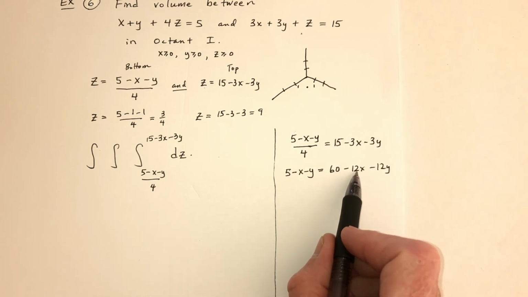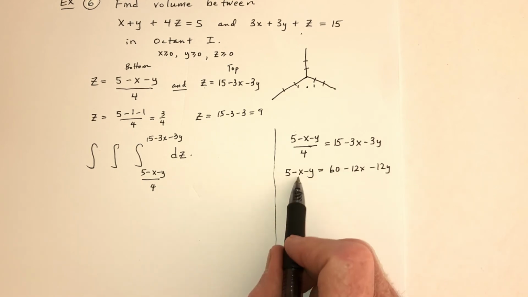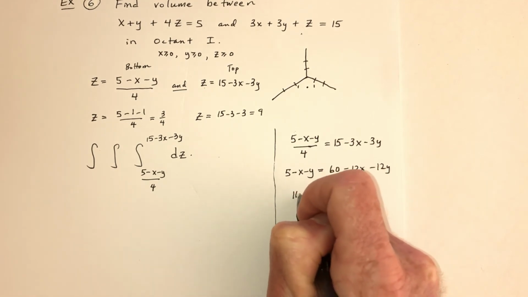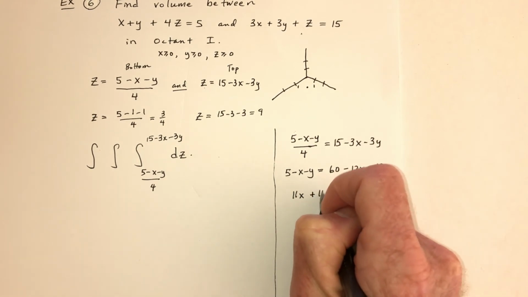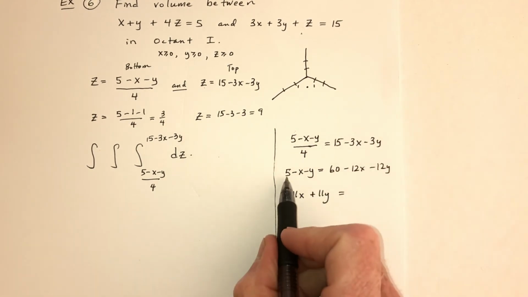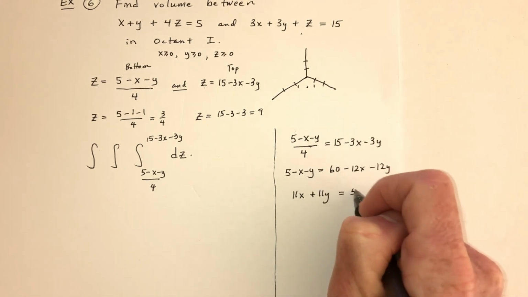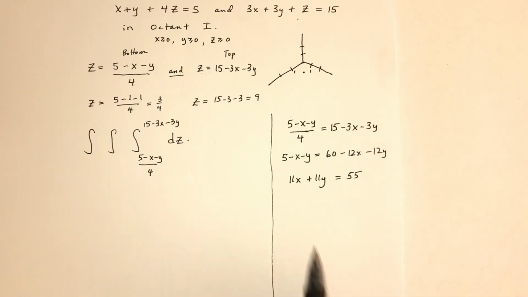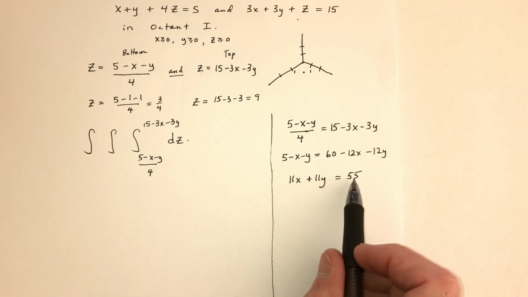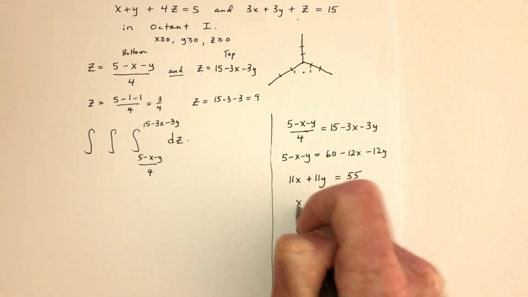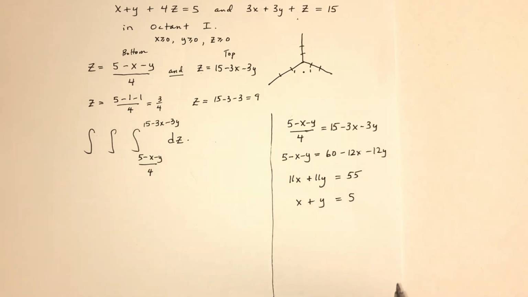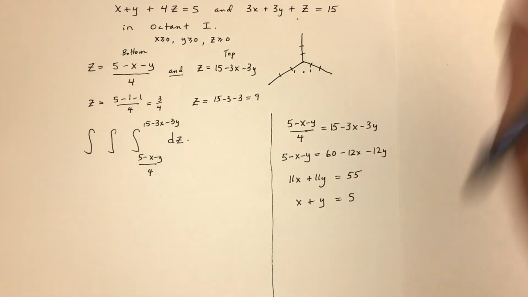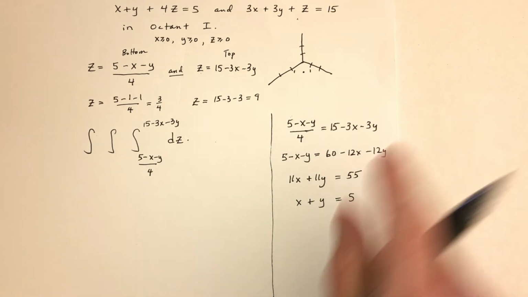If you add 12x, on this side it becomes a positive 12x minus 1, so that's an 11x. The same thing happens with the y's. Then subtract 5 from both sides, so this is going to be 55. With this, you could actually divide everything by 11. That will reduce nicely. So the line that I was just looking at is the line x plus y equals 5.